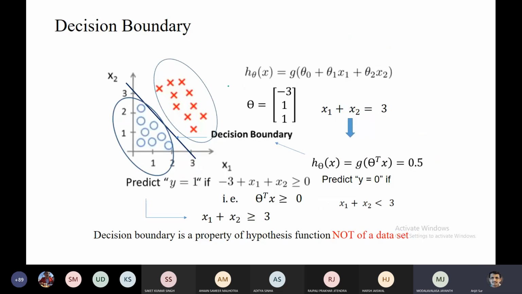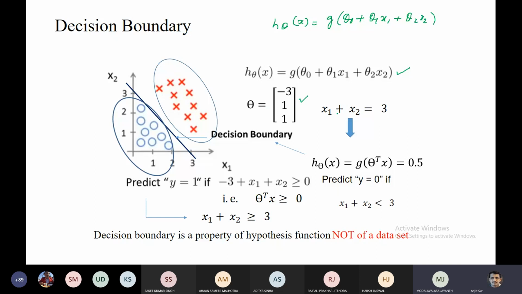Now here you can see what a decision boundary is. Just for example, take h theta of x as g of theta 0 plus theta 1 x1 plus theta 2 x2. Say theta is given by minus 3, 1, 1.